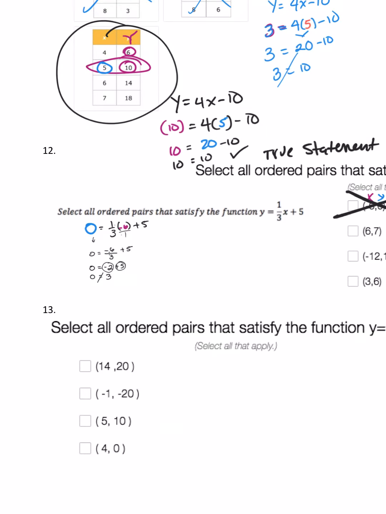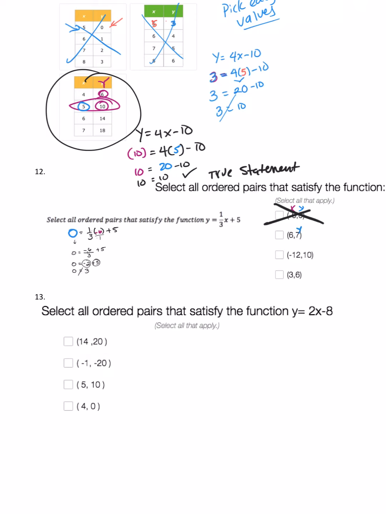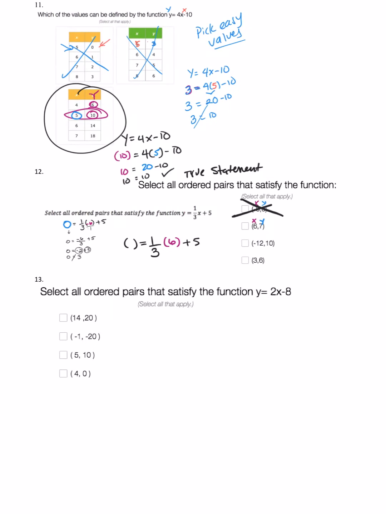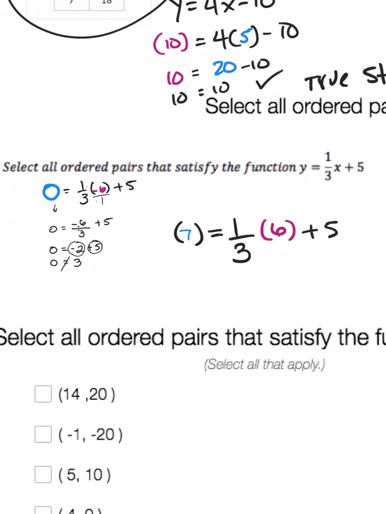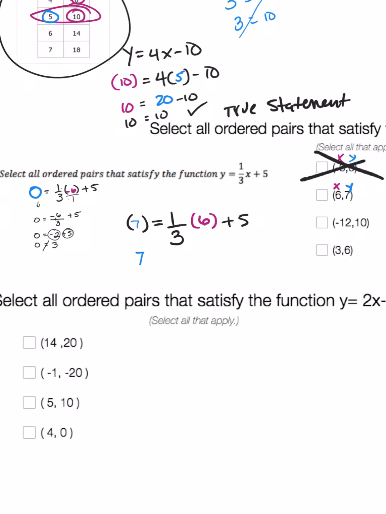Next one. Y and x. Okay, write the equation. Y equals 1 over 3 times 6 plus 5. Okay, what was y though? Y is 7. Let's see. Bring it down. 7 equals, okay, what's 1 times 6? 6.